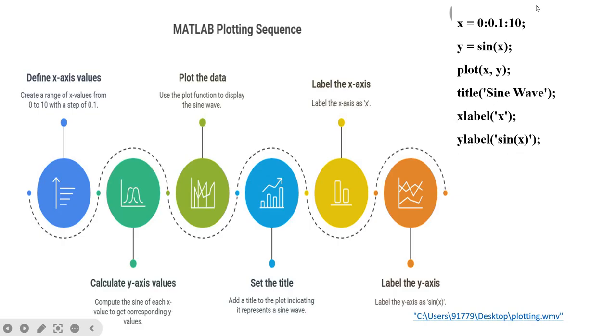So this is how we get the range of the x-axis, then find the value for each of the x values, then plot the x and y values, and then give a title and label the x and y axes.